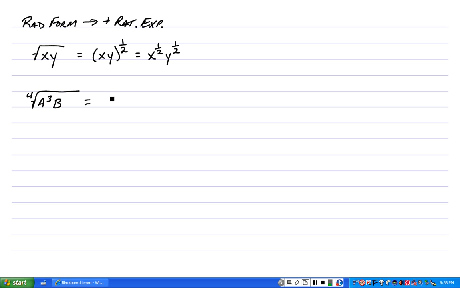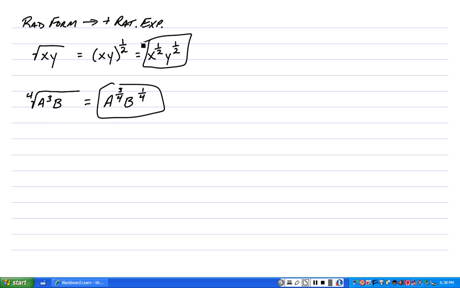Since it's to the 3rd, it'd be a to the 3 over 4, there's my 4th root, the 4, times b to the 1/4, because b has an exponent of 1, so 1 over the 4th root. And there's my answer.